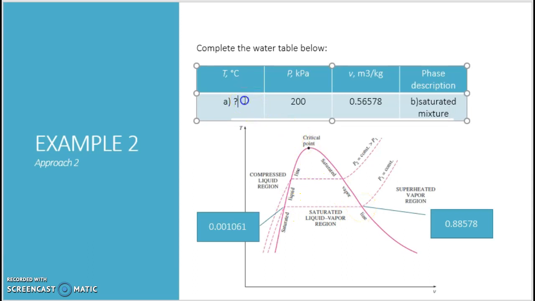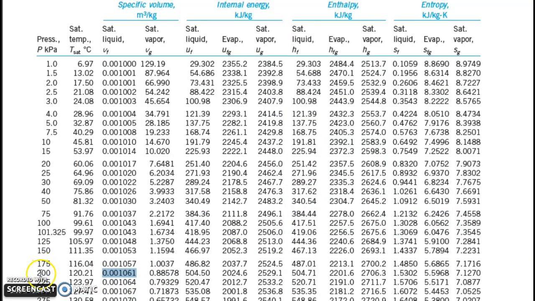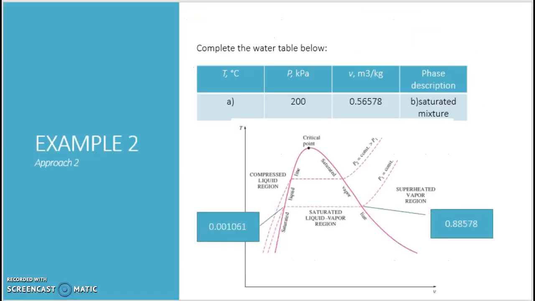So what will be the temperature at this boiling process? Looking at your table again, at 200 kilopascal, the temperature is 120.21 degrees C. This is how you read your property table if given pressure and specific volume.